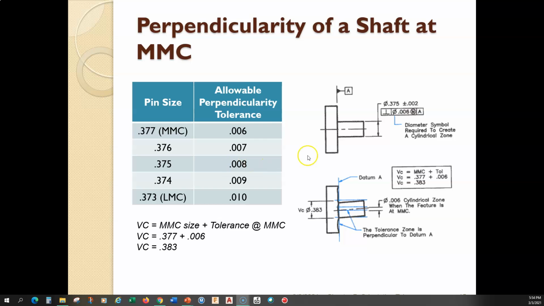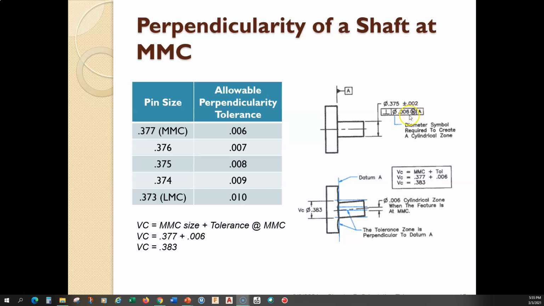Okay, so let's look at this problem. On the drawing we want to control the perpendicularity of this cylinder, this pin, relative to datum A. So it's perpendicular relative to A with a tolerance zone of 0.006 of an inch at maximum material condition.